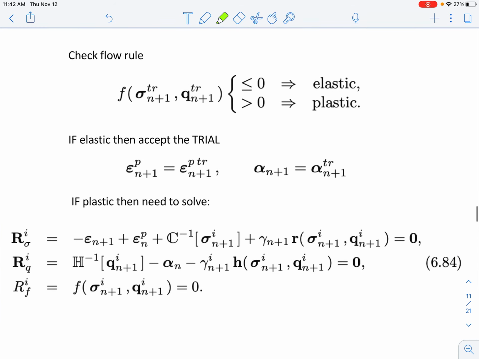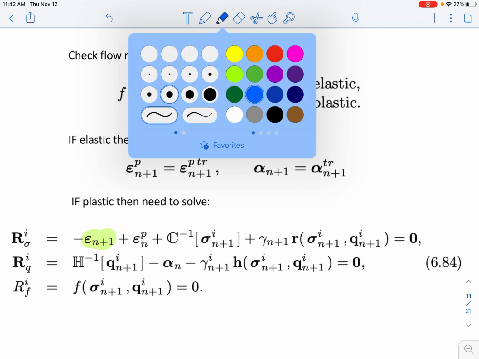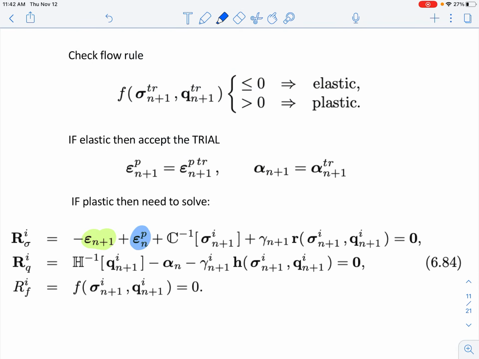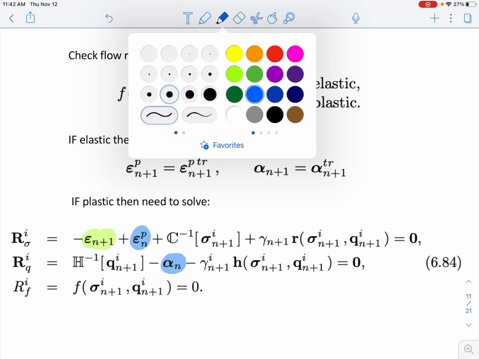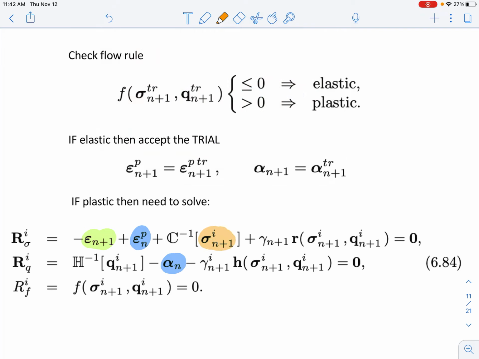So this one right here comes from before, from your global Newton iterations. This one is from your previous time step, so you have that one. This one is from your previous time step, so you have that one. And the unknowns are the new stress, the new back stress, and the plastic flow, and that's it. So those are the 3 things that you need to solve for.